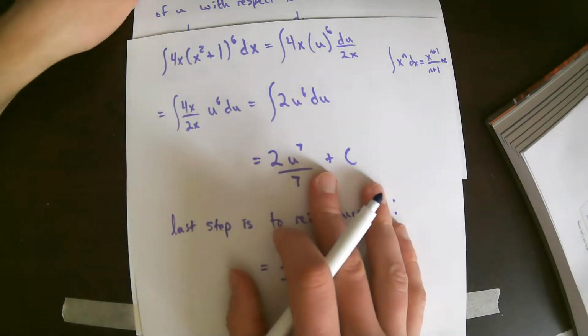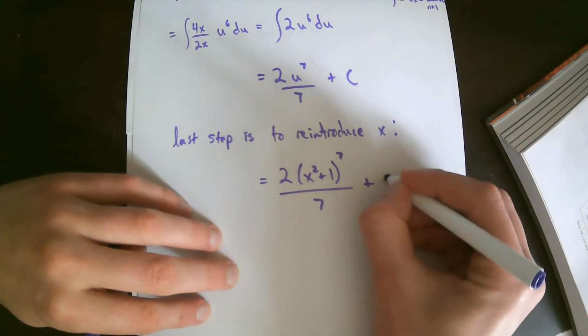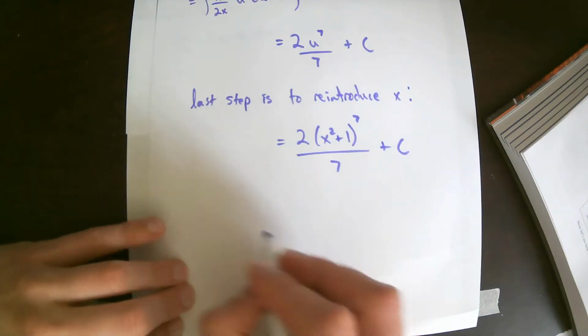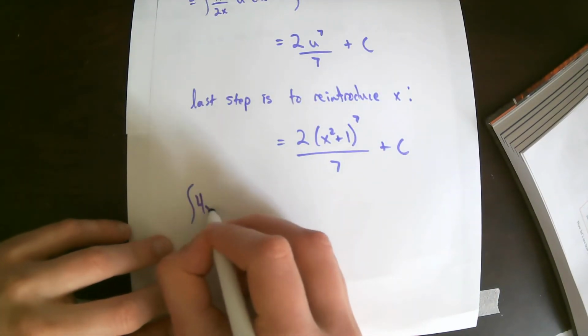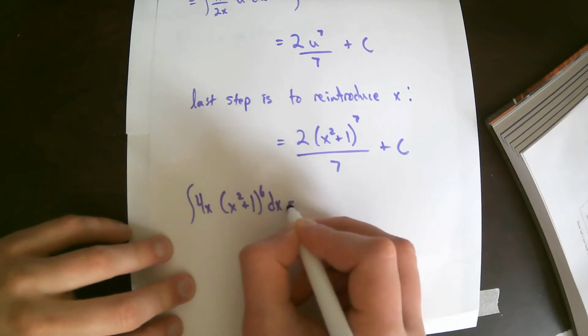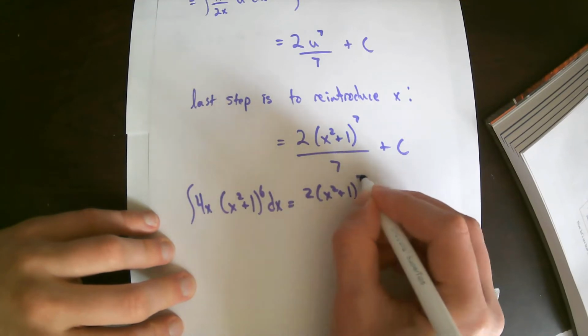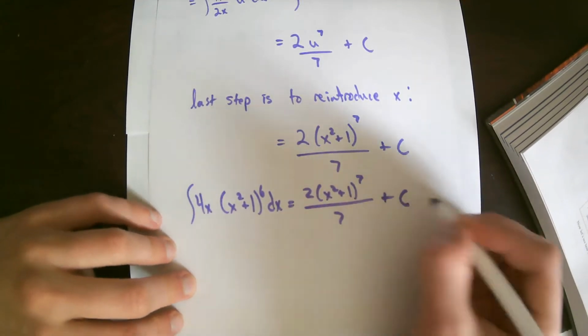So in the end, you want to reintroduce that original variable that you were working with. There it is. So the integral of 4x times x squared plus 1 to the 6th dx is equal to 2 times x squared plus 1 to the 7th all over 7 plus c.